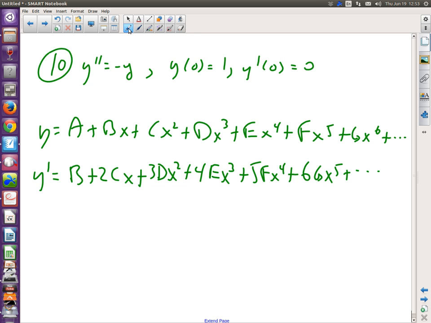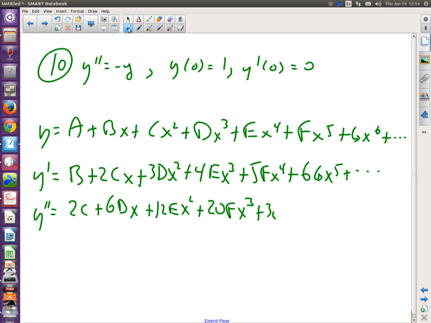And then y double prime is 2c plus 6dx plus 12ex squared plus 20fx cubed and 30gx to the fourth, right?